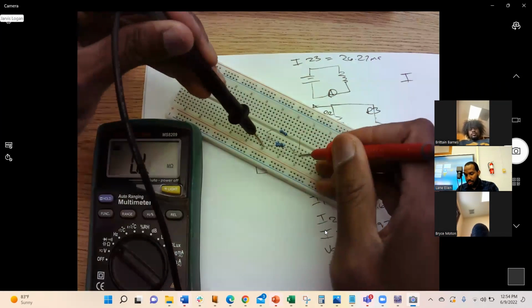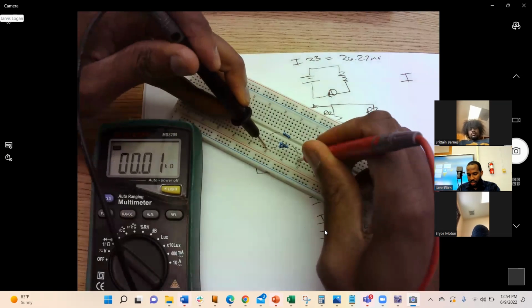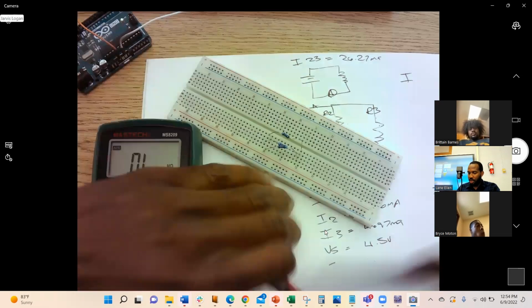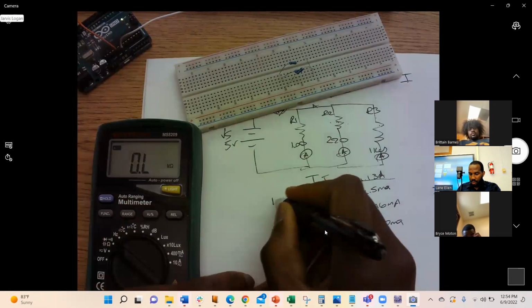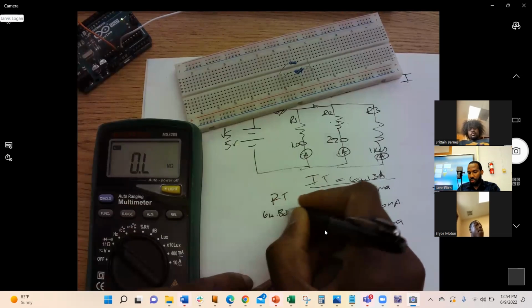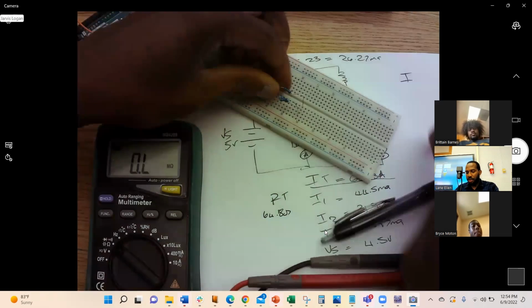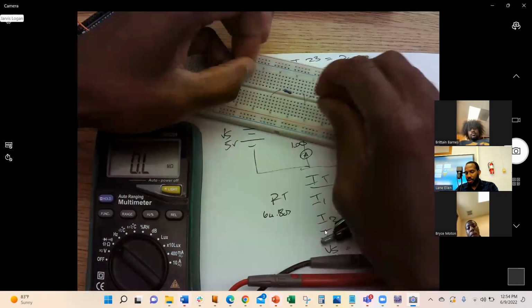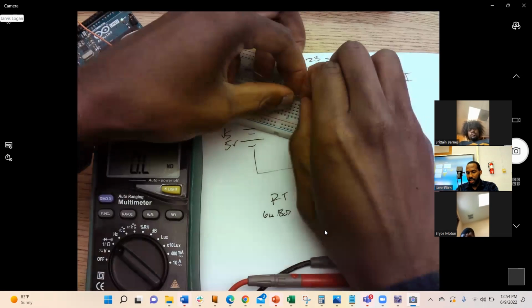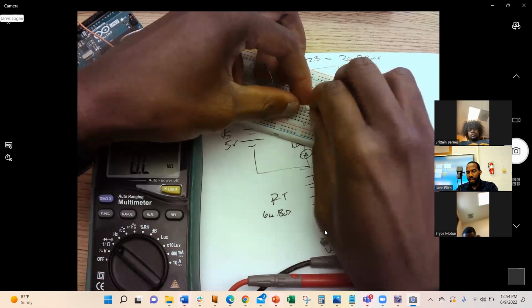So the total parallel resistance is 64.8 ohms. So our RT is 64.8 ohms. Now, of course, if you put them in series, we said the resistance is going to add up. So it's going to be 1K, which is 1,000, plus 220, plus 100.